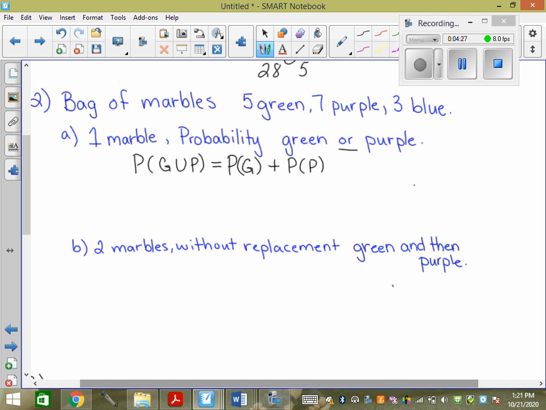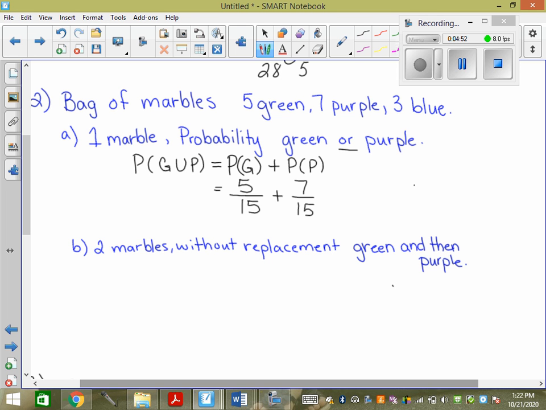So probability of green is how many? 5 out of how many? 15, plus probability of purple. How many purples are there? 7 out of 15. So when you do ORs, your total is going to be out of the total. The total's not going to change, right?